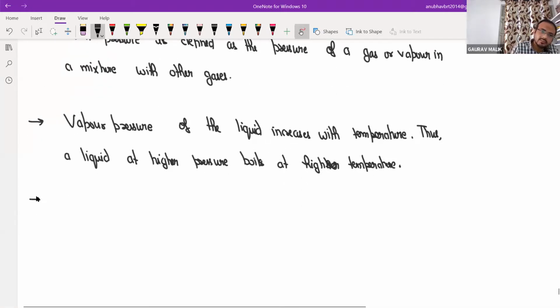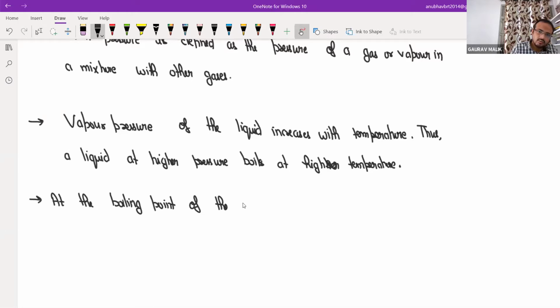And we know that at the boiling point of the liquid, the vapor pressure becomes equal to the atmospheric pressure.